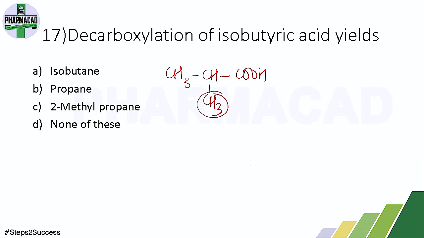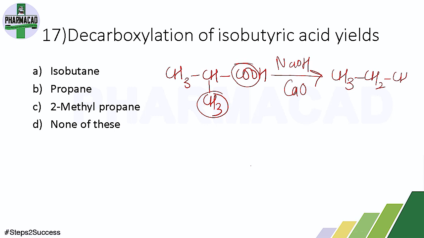Decarboxylation of this happens in the presence of NaOH and CaO. So the COO gets removed and it becomes CH3, CH2, CH3. This is nothing but propane, plus Na2CO3, sodium carbonate. So the answer is option D.